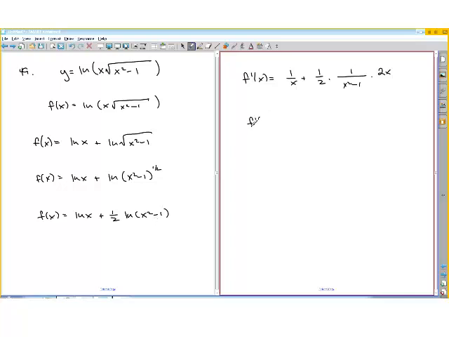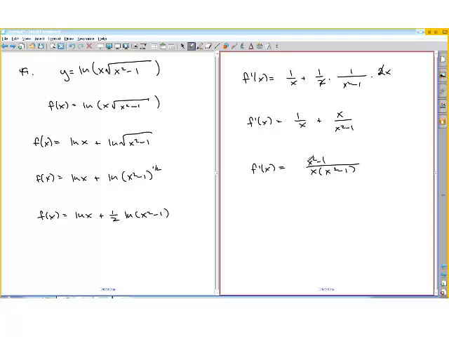So at this point, we can simplify things. This 2 cancels out with that 2. So we get x divided by x squared minus 1. And we probably would go one step further and find a common denominator, which is going to be the two denominators multiplied together, and then we cross multiply.